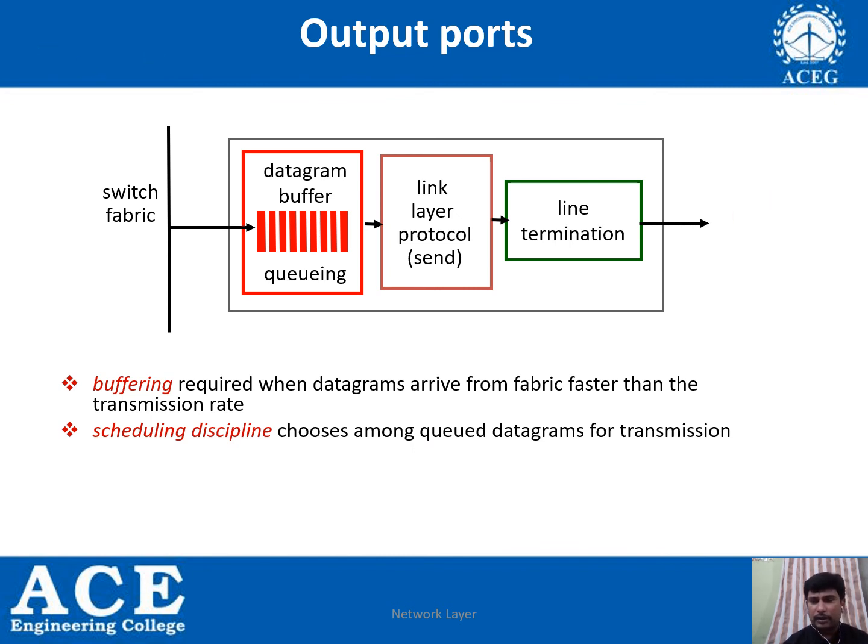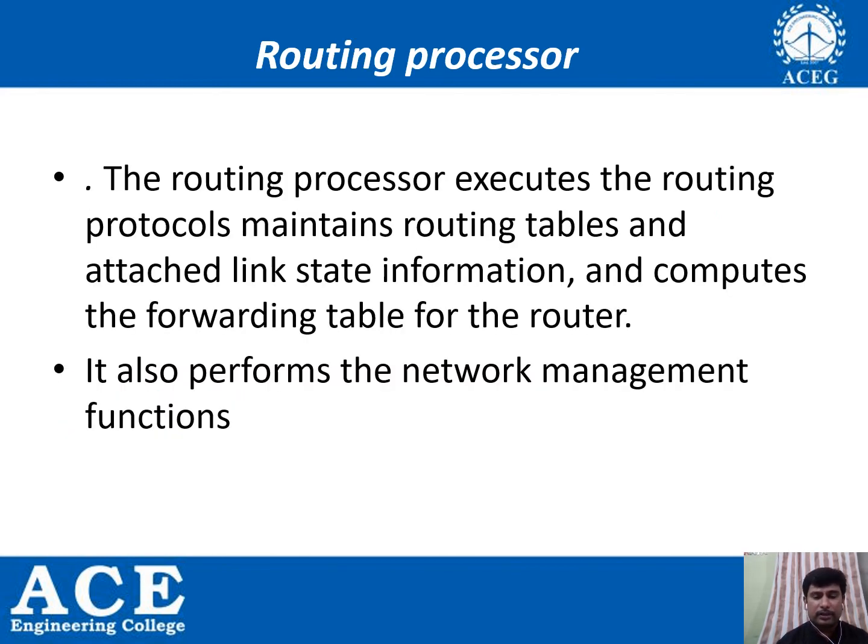The last component which we have of a router is called the routing processor. So far the first three elements, that is input port, switching fabric and output port, are responsible for the forwarding function. But one more very important function to be delivered by the router is the routing function.